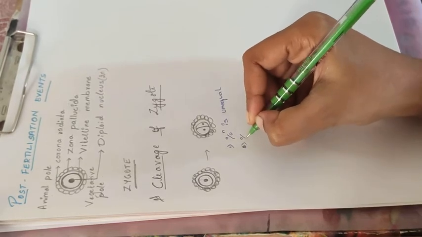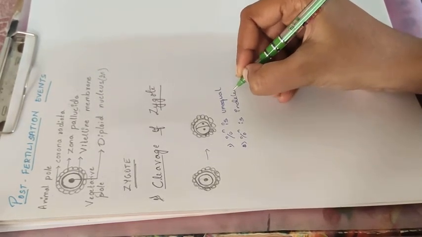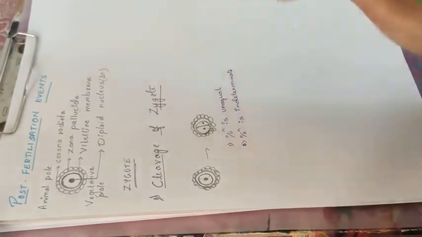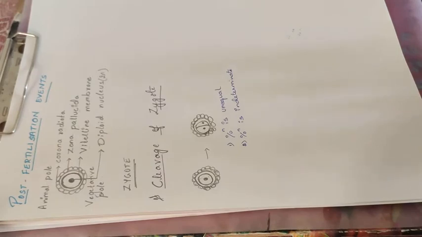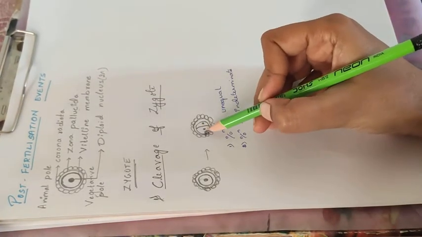And the second important point is the division is indeterminate, meaning the fate of these cells is not yet decided. Therefore, each cell can give rise to anything. It can develop into a new individual. At this time, we don't know the fate of this one.